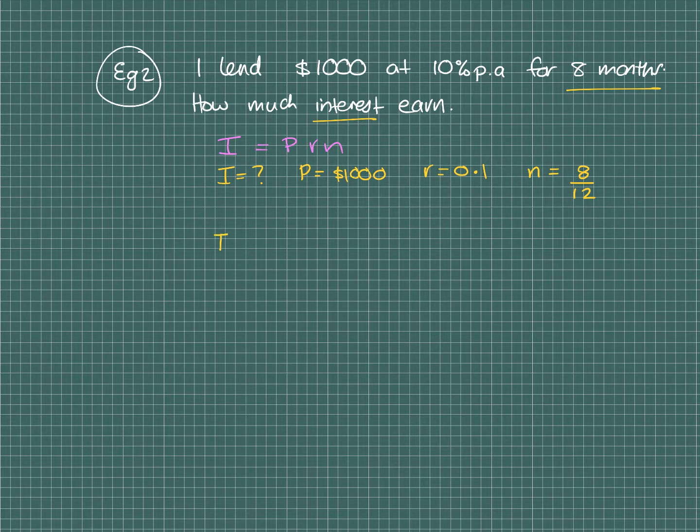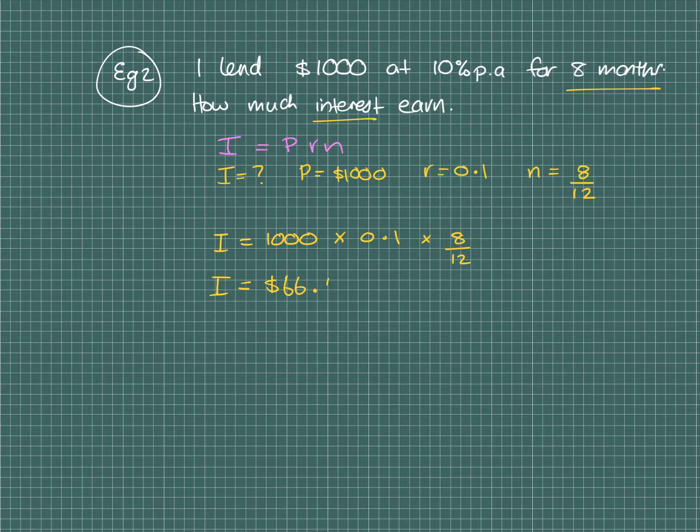So what we can now say is that interest equals my $1,000 times my 0.1, we know that's $100, and we're timesing that by 8 over 12 to find our final answer. Now if we whack that into the calculator, I think we're going to get something like $66.6 recurring.